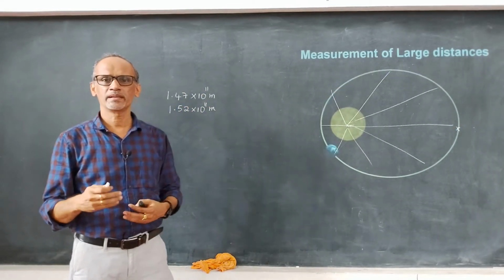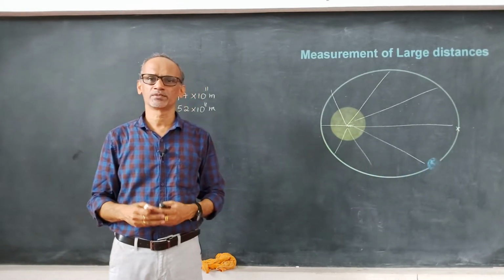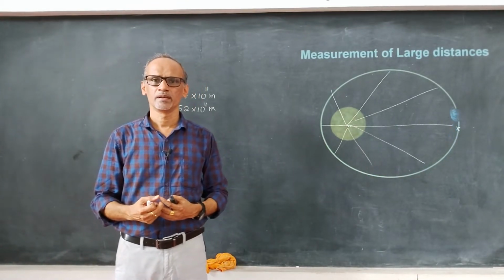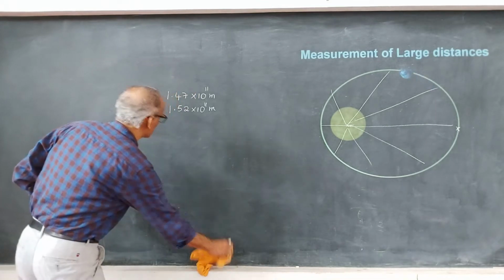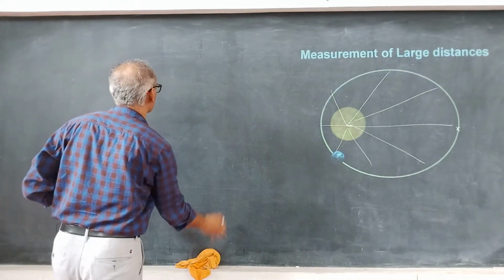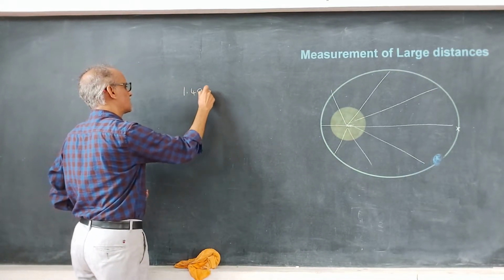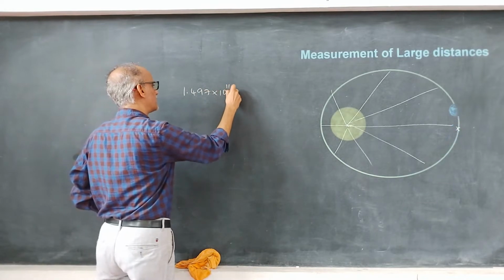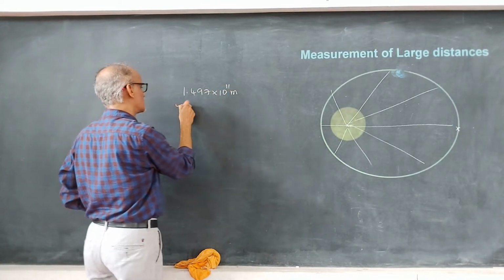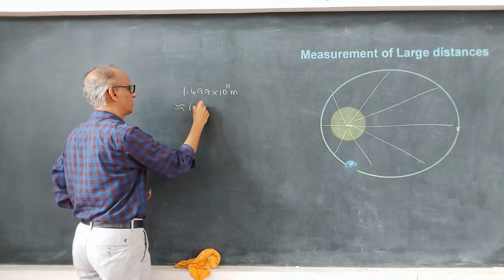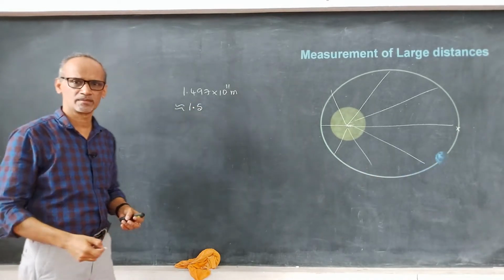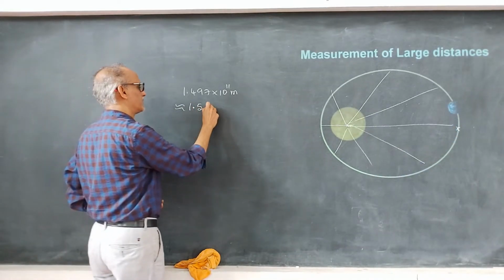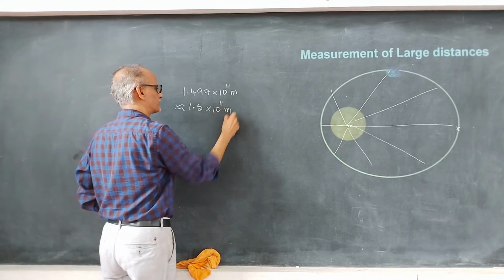Now when we take the average of these values, the mean value comes out to be nearly 1.497 into 10 to the power 11 meter, which I am going to consider equal to 1.5 using the rounding off rules. So I will get 1.5 into 10 to the power 11 meter.